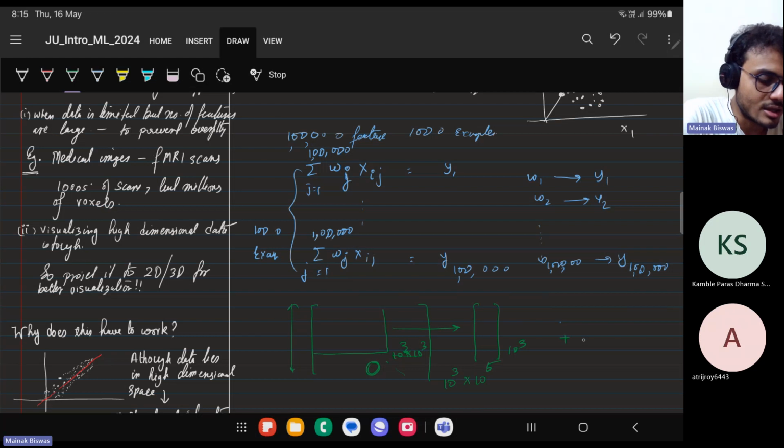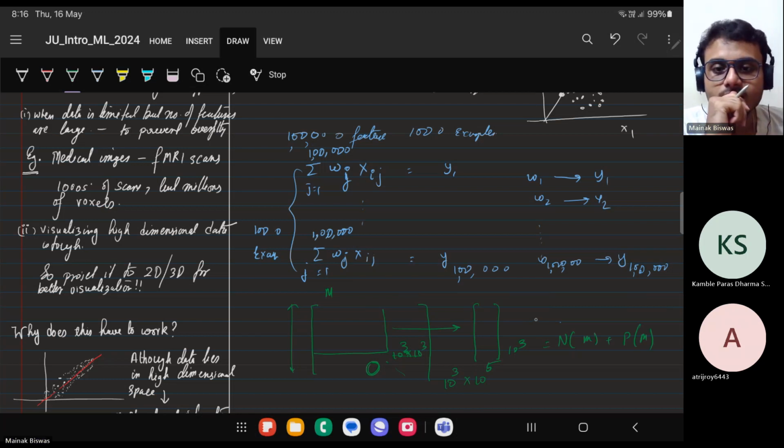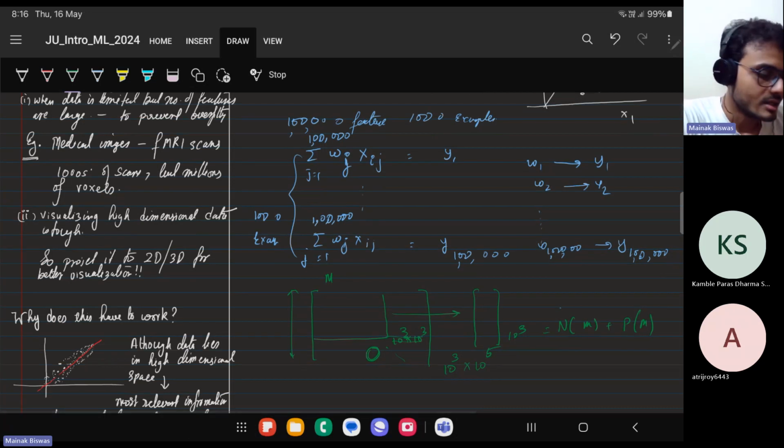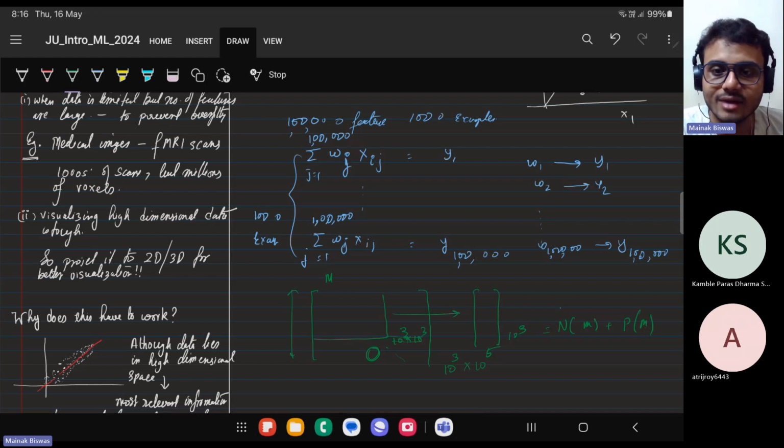So you will have a null space of this matrix plus a particular solution of the matrix. Right? We have seen this. Concretely speaking, if you have 10 equations, you will solve for the 10 equations. Others you can just have as anything that is in the null space of the matrix that we have seen.